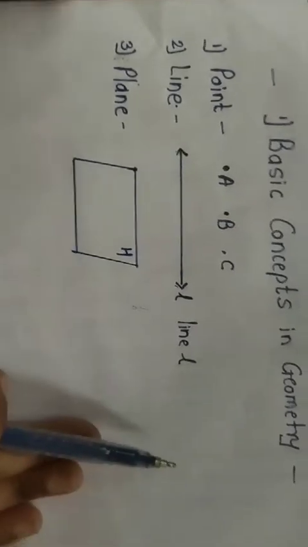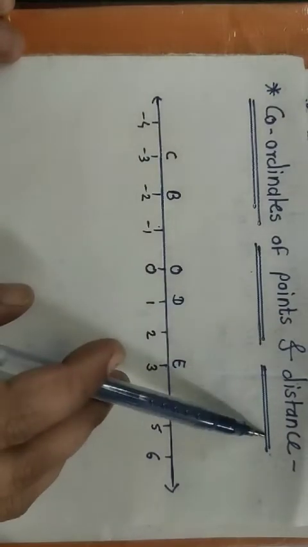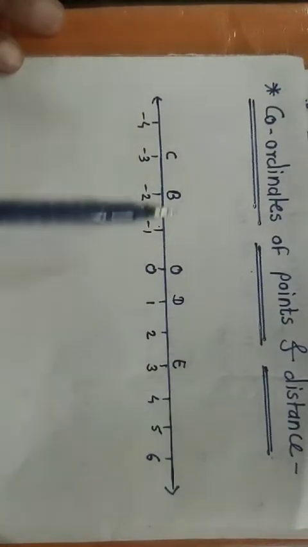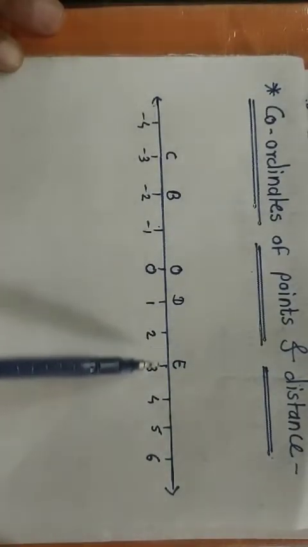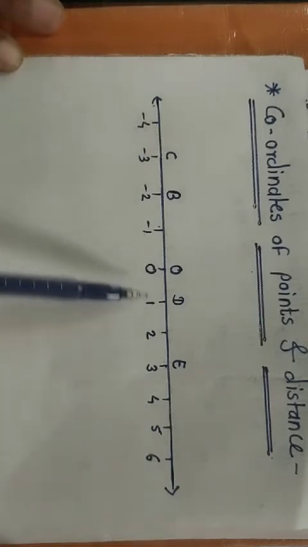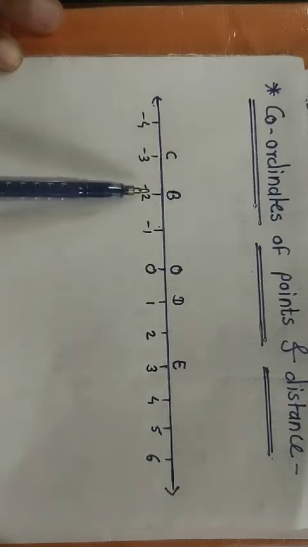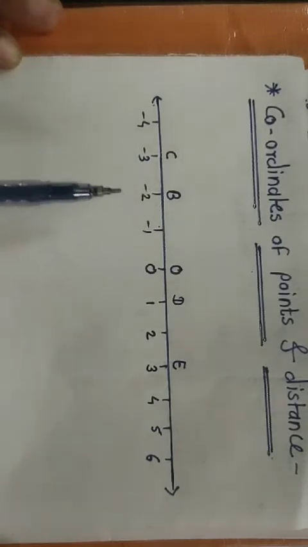The next point is coordinate of a point and distance. For that, we draw a number line. See, here we draw a number line which is marked with some letters. Observe this number line very carefully.